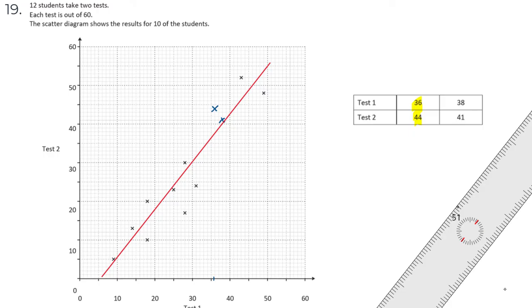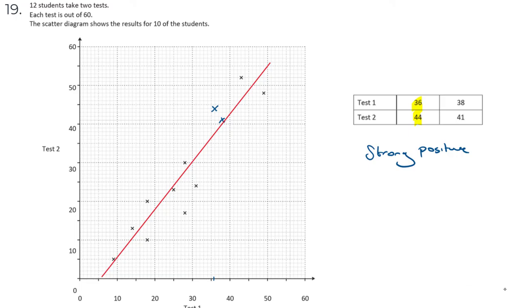So this, I would say, is strong positive correlation. It's positive because the line is sloping upwards from left to right, and it's strong because the points are all pretty close to that line. We haven't got any massive outliers or anything, so I'm going to say that this is strong positive correlation.